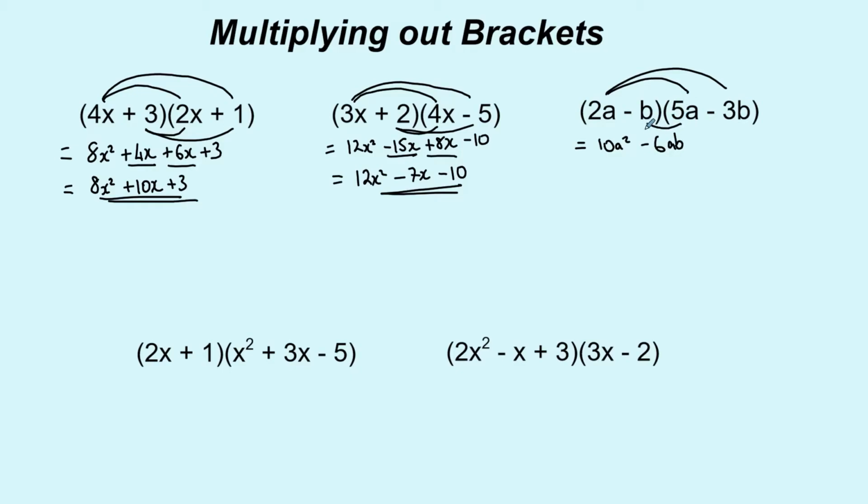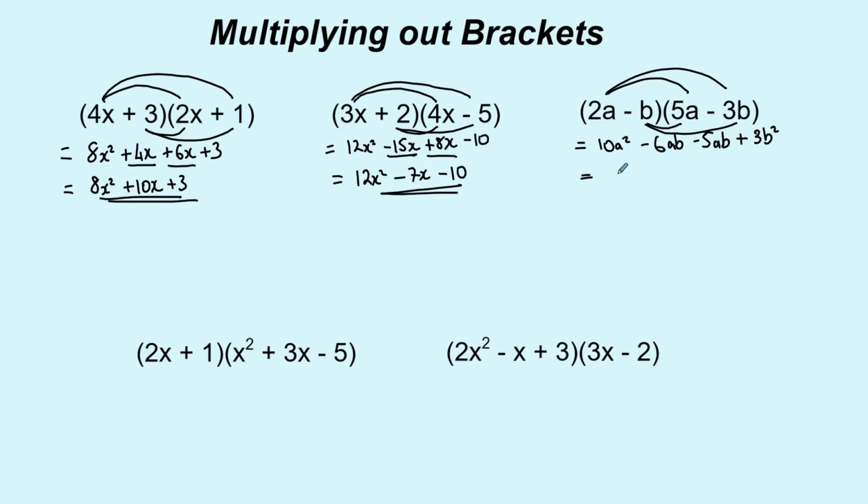Moving underneath, we've got negative b times 5a. So that's going to give us negative 5ab. Try and keep the letters in alphabetical order. And the last one, negative b times negative 3b. Well, negative times a negative gives you a positive, and that would be b times 3b is 3b squared.